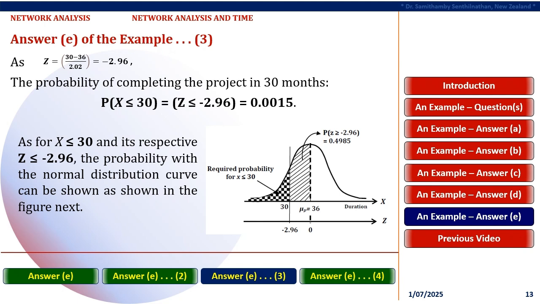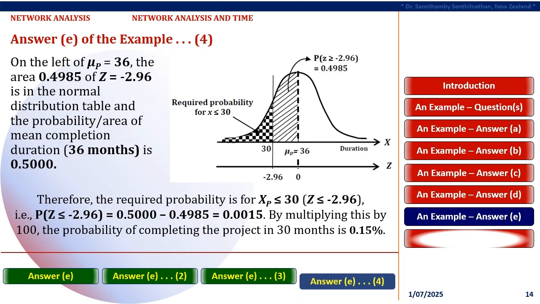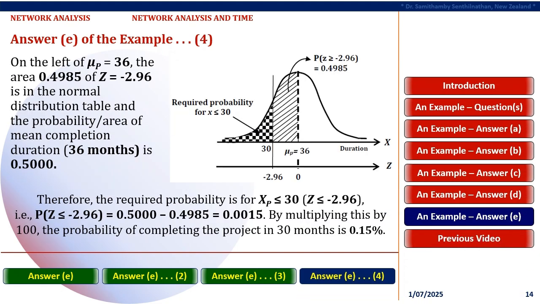0.0015. As for x less than or equal to 30 and its respective z less than or equal to minus 2.96, the probability with a normal distribution curve can be shown as in the figure and next explanation in detail. Note that the probability for z equals minus 2.96 represents the probability of completing the project between 30 and 36 months, and it can be derived from the normal distribution table 0.4985 for z equals minus 2.96.